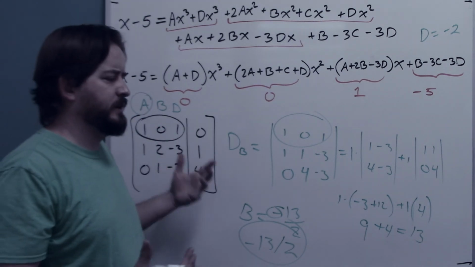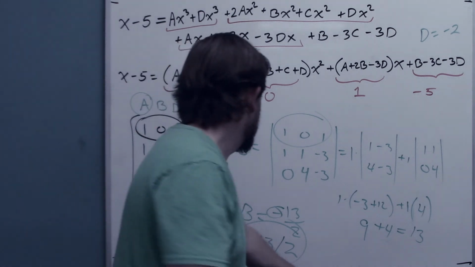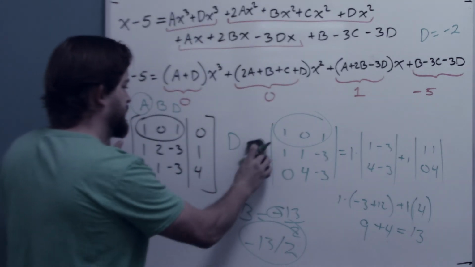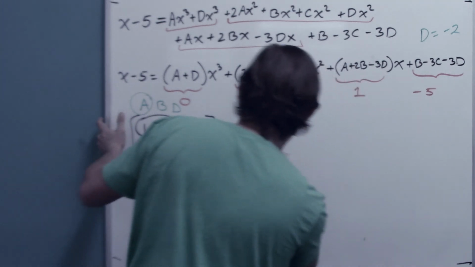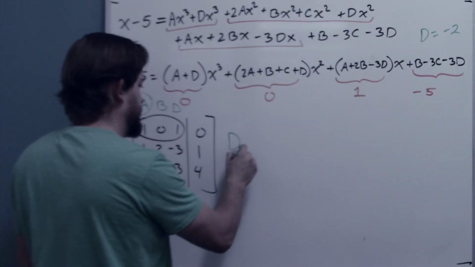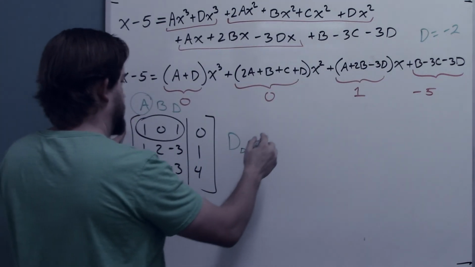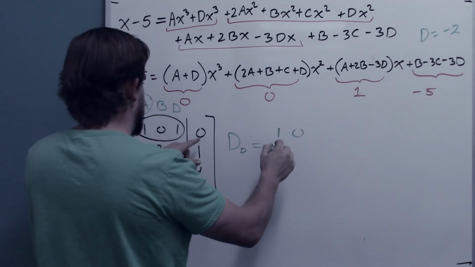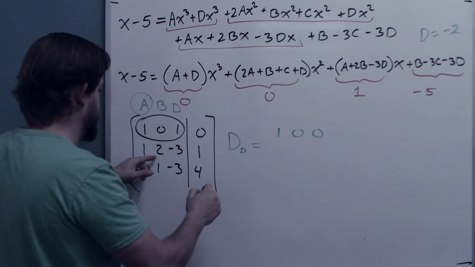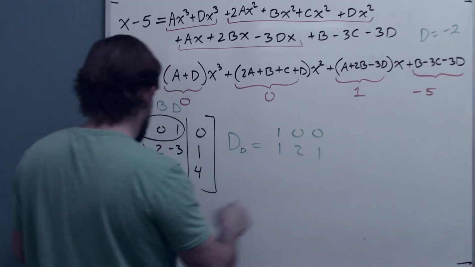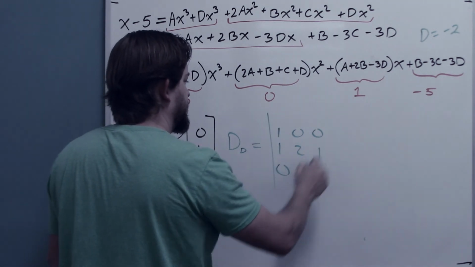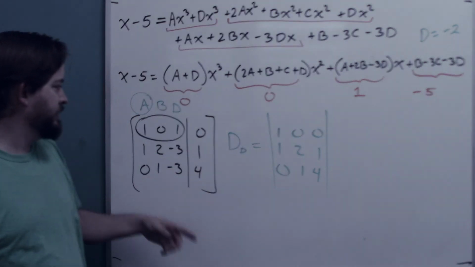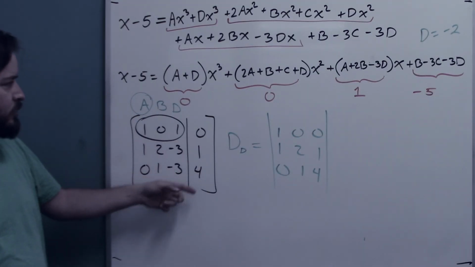I didn't check C, but you know, I'm hoping. So let's do D. 0, and then 0, 1, 2, 1, and then 0, 1, 4. Again, I'm just replacing D's column with the 0, 1, 4.